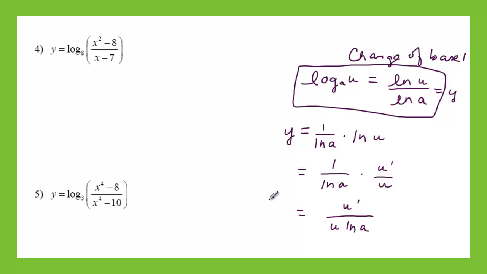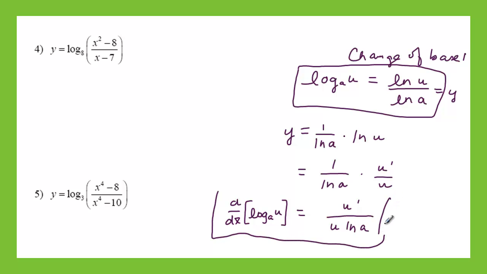Okay, so this is going to be our derivative rule. So the derivative with respect to x of any log with a base of a and function u. You can add that to your list of rules in your notes. This will give you rule number 3 for the derivatives.